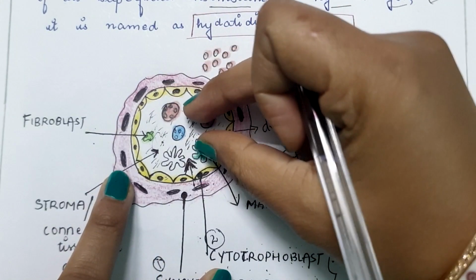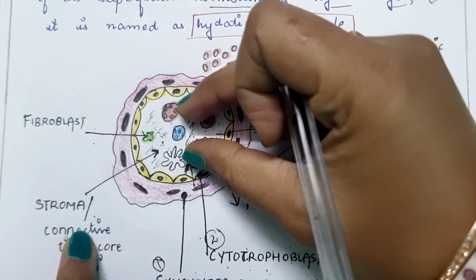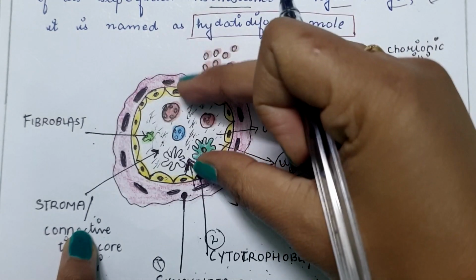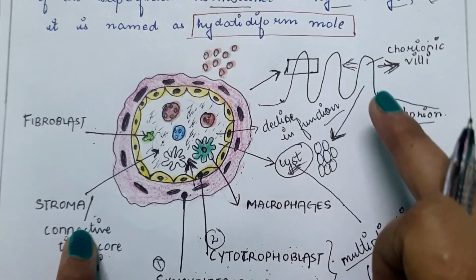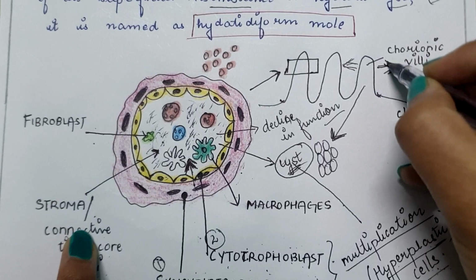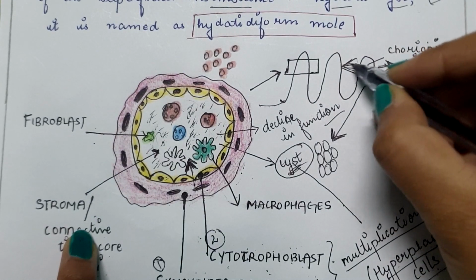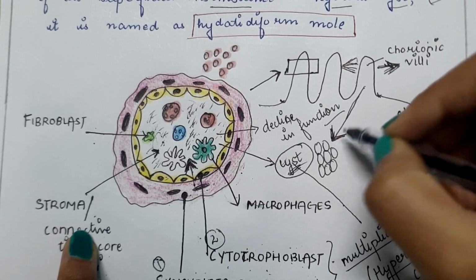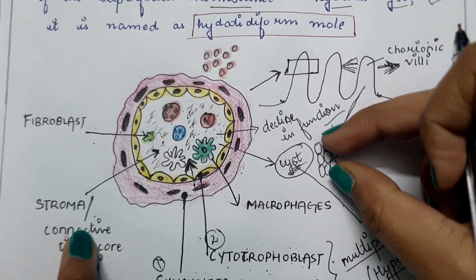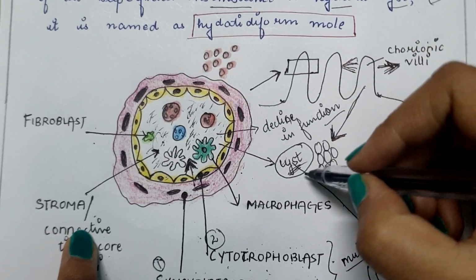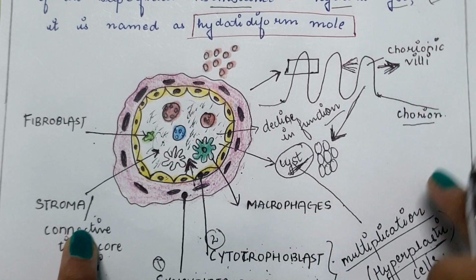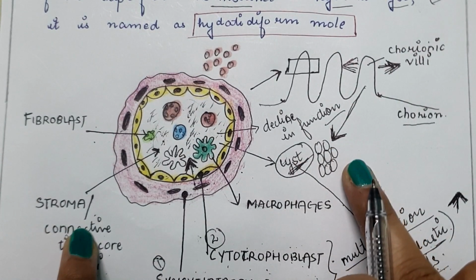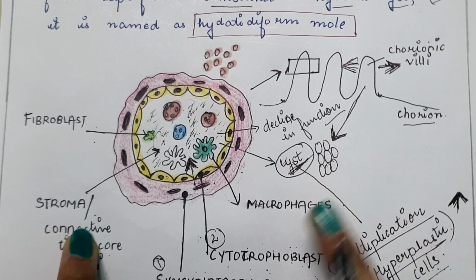Because of this accumulation, there is distension of the chorionic villi, and as a result, there is the formation of small fluid-filled sacs, which are known as cysts, or hydatidiform mole. I hope you are all clear with the definition of hydatidiform mole.